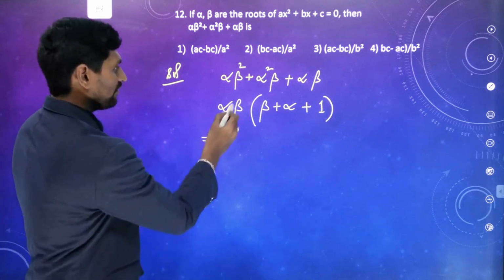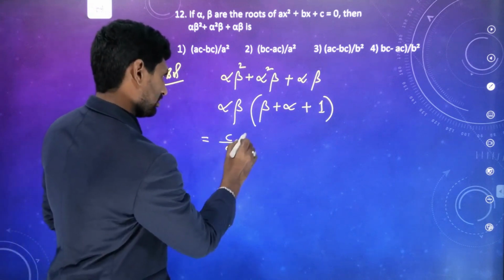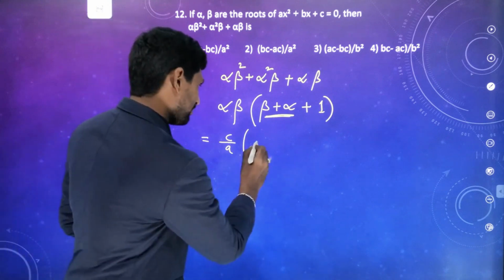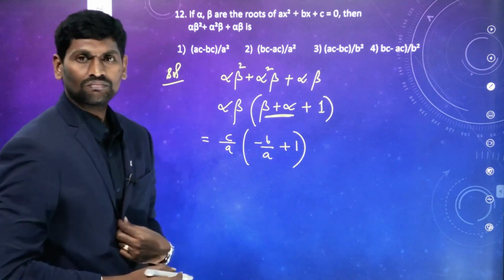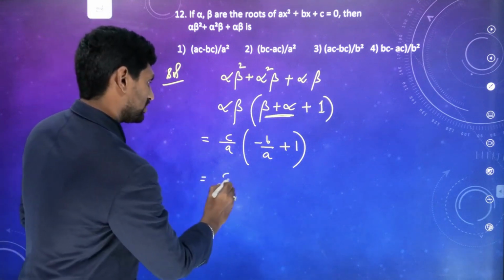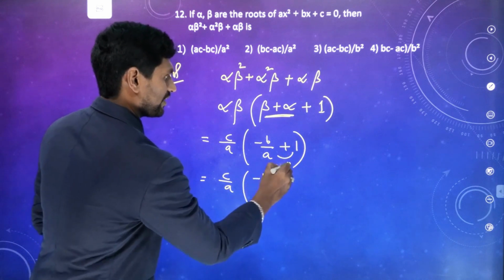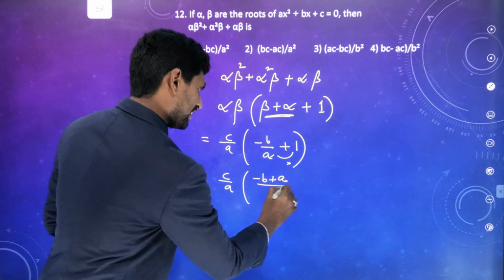That equals alpha beta, from the general form, is c by a, into (beta plus alpha, alpha plus beta, both are same) minus b by a, plus 1. That equals c by a into (minus b by a plus 1), like a mixed fraction: a into 1, a, divided by a.